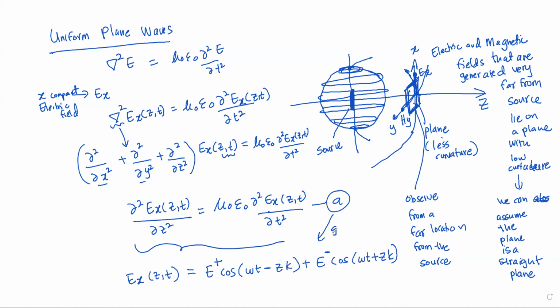So the general solution is this one, and this denotes that there are two waves that are generating, the forward wave and the backward wave, right? In our calculations, we are only going to consider the forward wave and its characteristics.